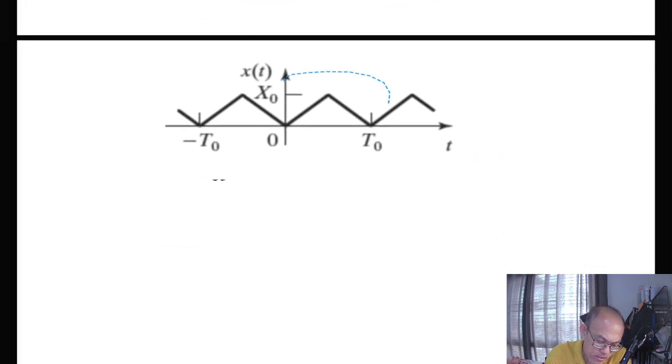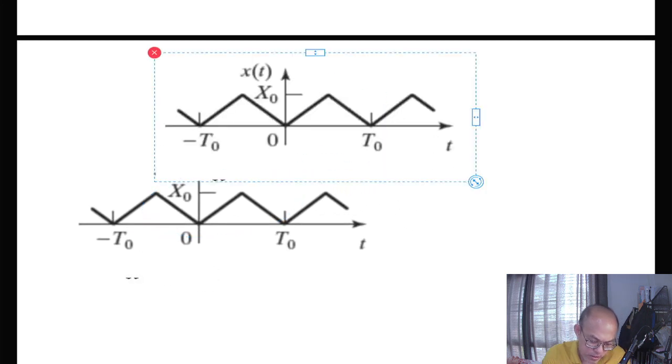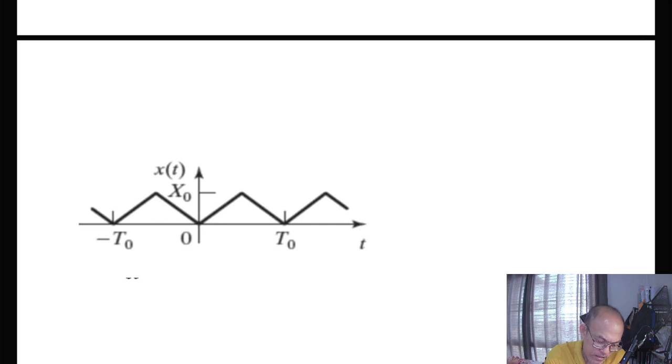Now we're gonna find the Fourier series of this signal.